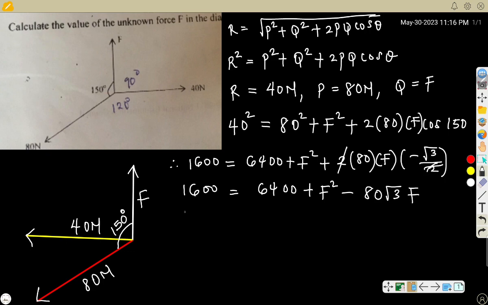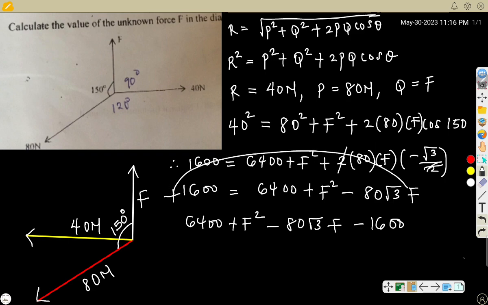So take that 1600 in, so we have 6400 plus F square minus 80 root 3 F minus 1600. This is plus here, take it to the other side, it will become minus.